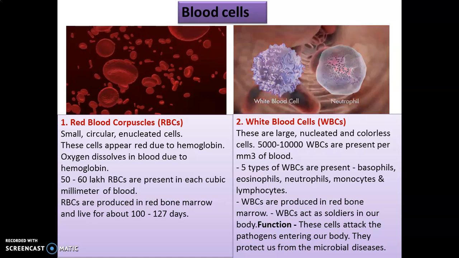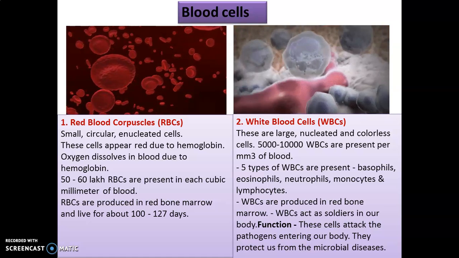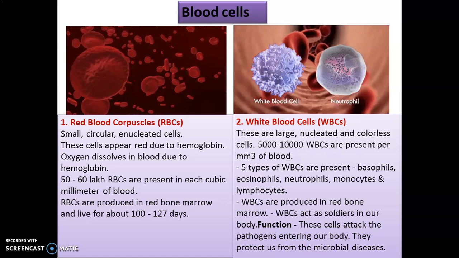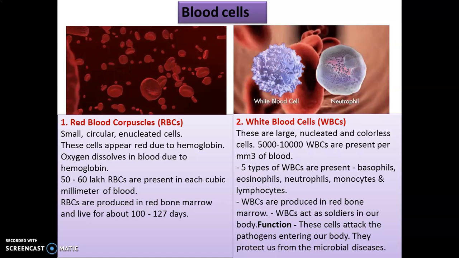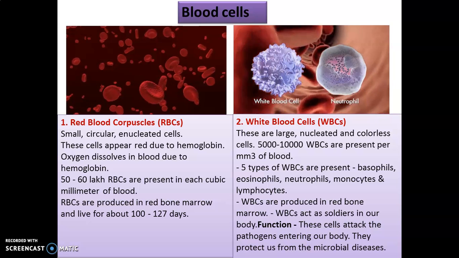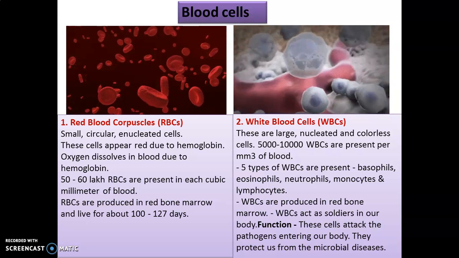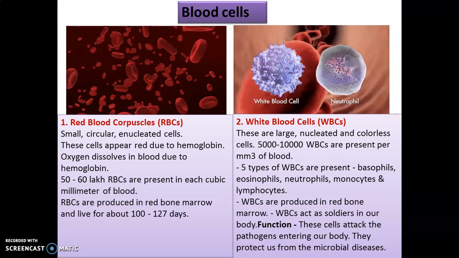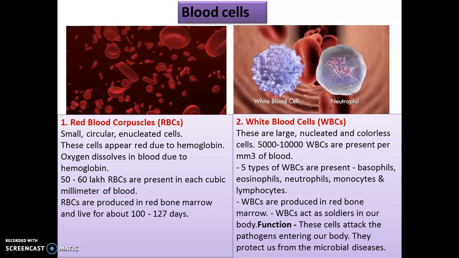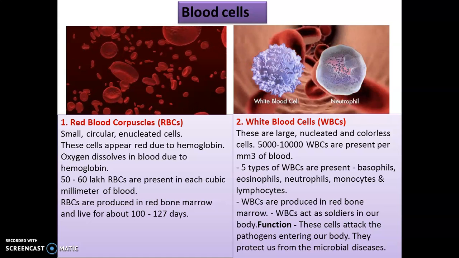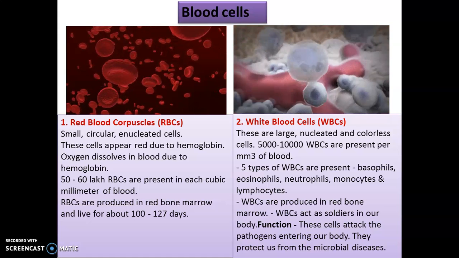Each white blood corpuscle has its own function. Where are they produced? They are produced in the red bone marrow, so along with the RBCs, WBCs are also produced. What are these WBCs? They act as soldiers in our body. Soldier means what could be the work? Its work is protection.